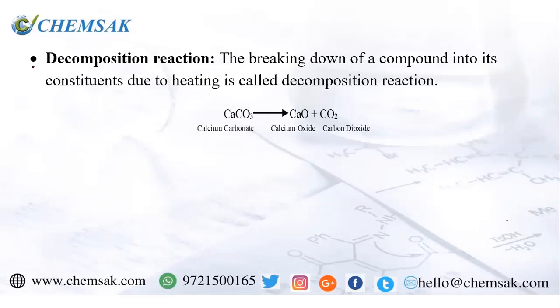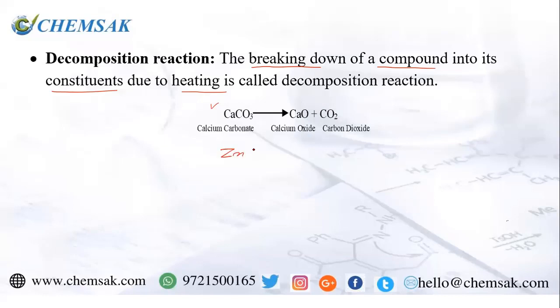Decomposition reaction. In this reaction, a compound breaks down into its constituents due to heating or any other reason. If the heating takes place, then we can specify thermal decomposition. Here, calcium carbonate decomposes and gives calcium oxide and carbon dioxide.